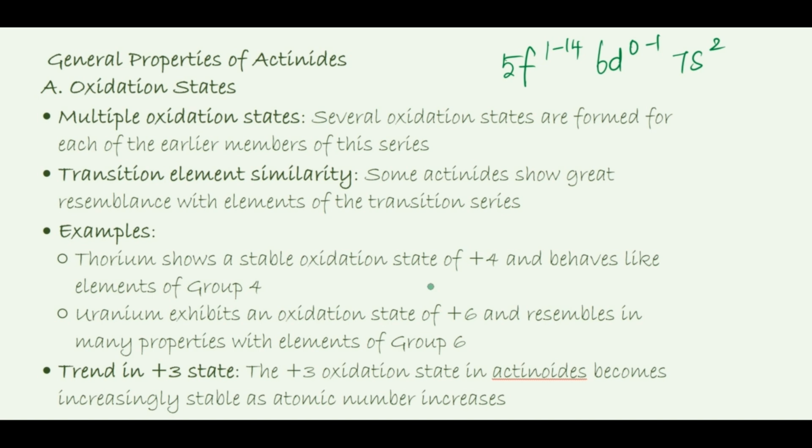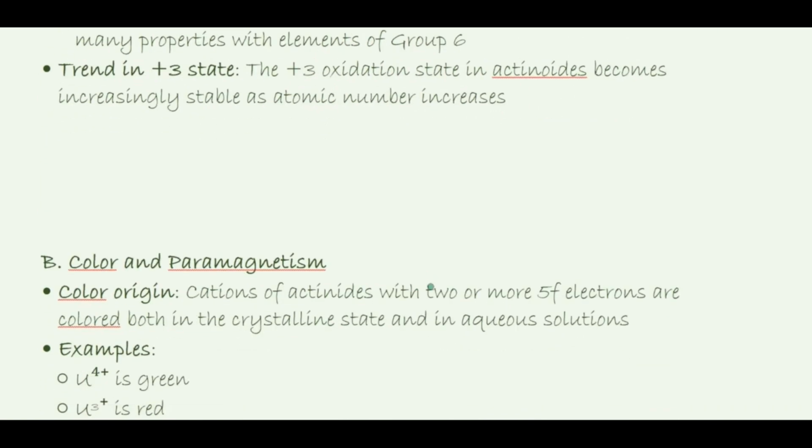Some actinides show great resemblance to elements of the transition series. For example, thorium shows a stable oxidation state of +4 and behaves like a group 4 element, and uranium exhibits an oxidation state of +6 and resembles group 6. The +3 oxidation state in the actinides becomes increasingly stable as the atomic number increases.